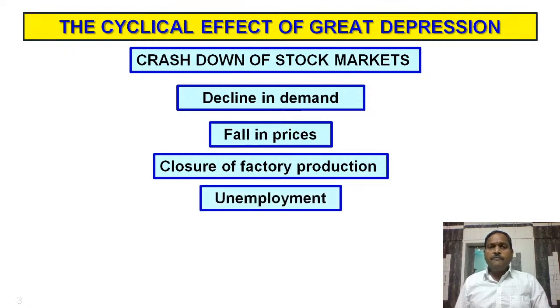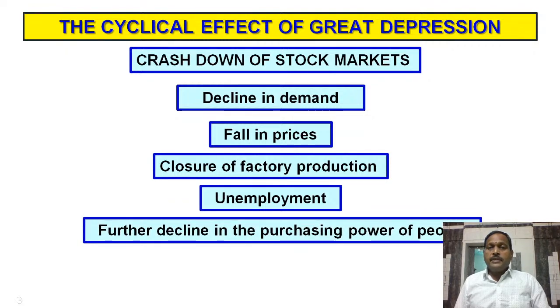Next, what happened? If they stop production, there will be a severe unemployment. That means many lost their jobs. So, what will happen if they lost the jobs? They lost their purchasing power because they lost their jobs and there is no money with them for their expenditure.